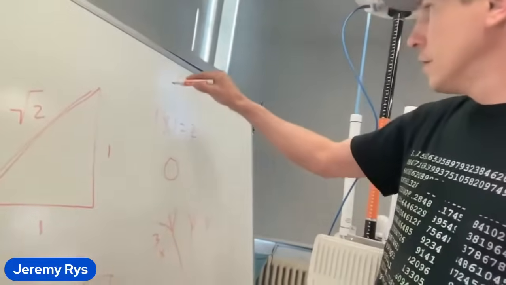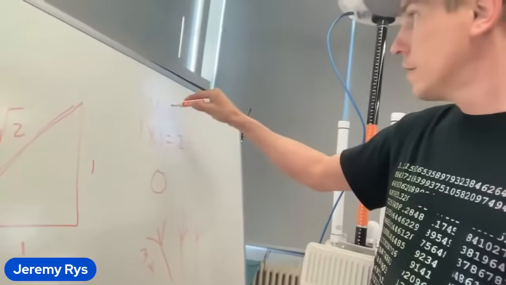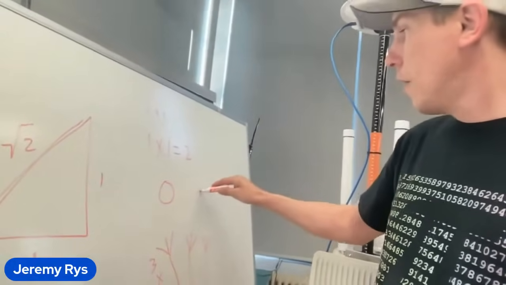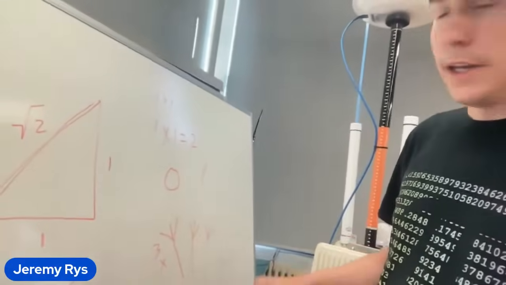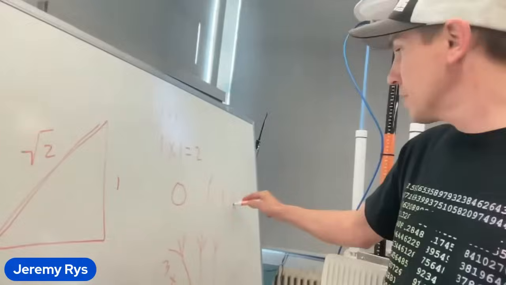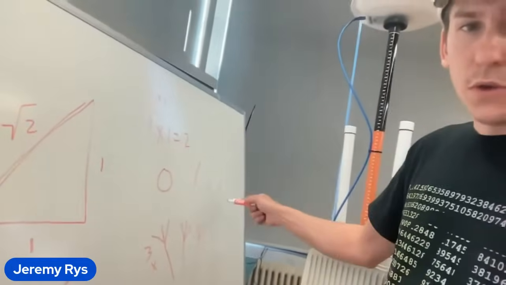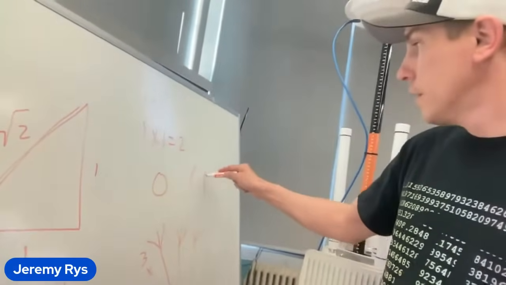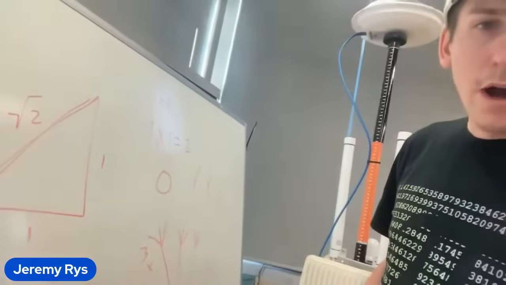So 1 times 1 is 1 with a 1 on the end. Okay, it's not 1 plus a 1. It's not 2. It's a 1 with a 1 on the end. So it's still equal to 1.